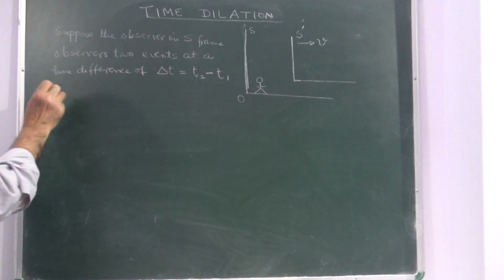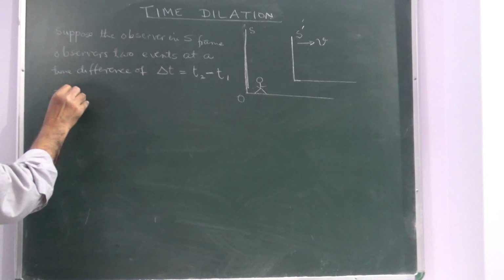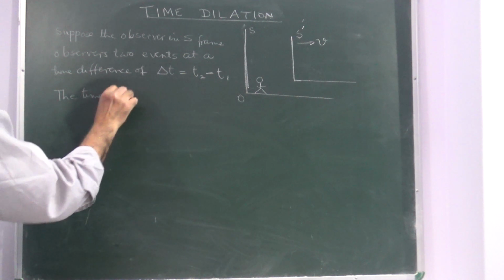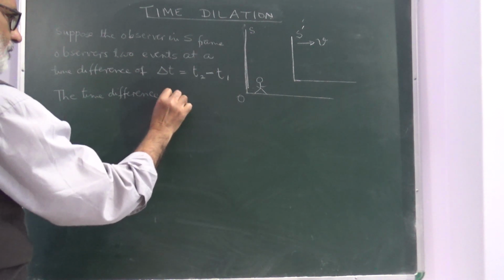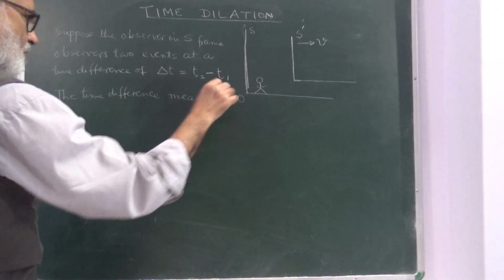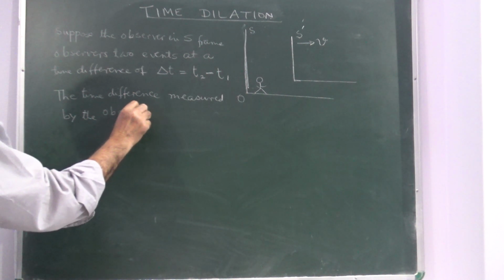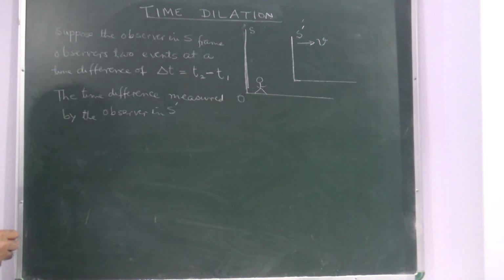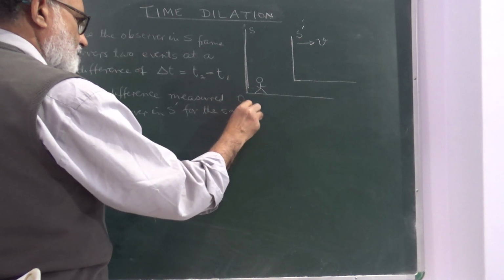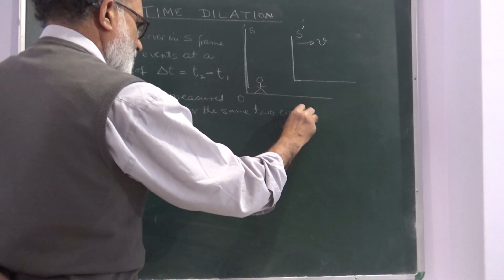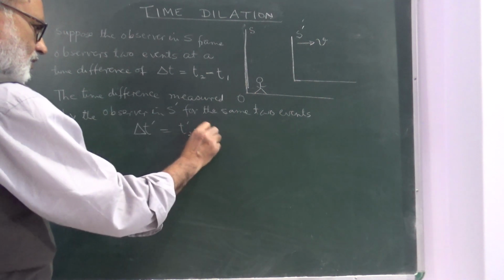So for the time difference measured by the observer in the S dash frame for the same two events, say he has measured t dash is equal to t2 dash minus t1 dash.